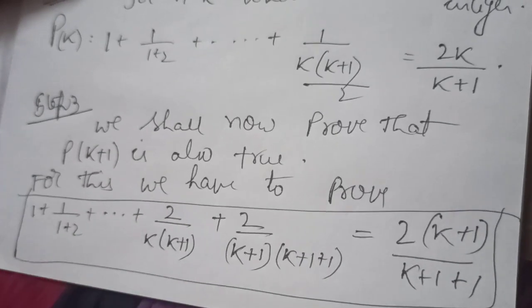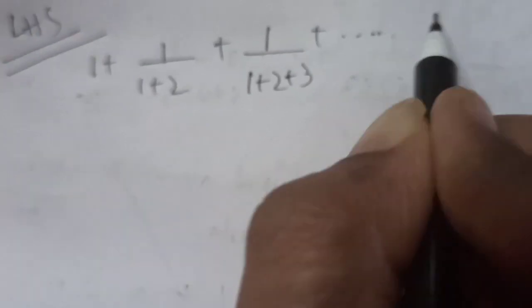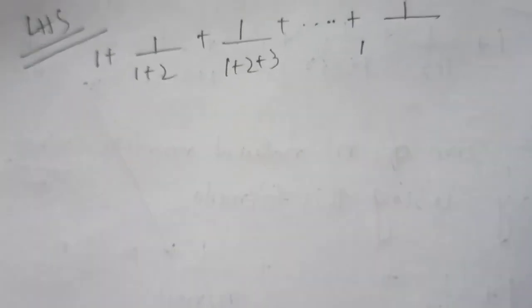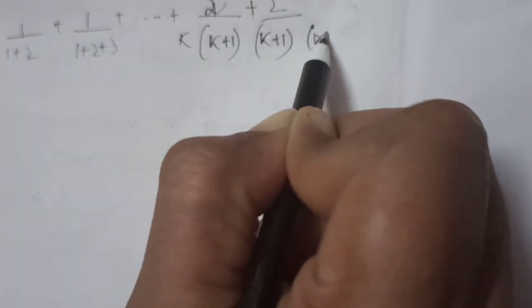Okay. For this, I am taking the left hand side. What is your left hand side? 1 plus 1 plus 2 plus 1 by 1 plus 2 plus 3 up to, in this way, 1 by, plus 2 by k into k plus 1 plus 2 by k plus 1 k plus 2.